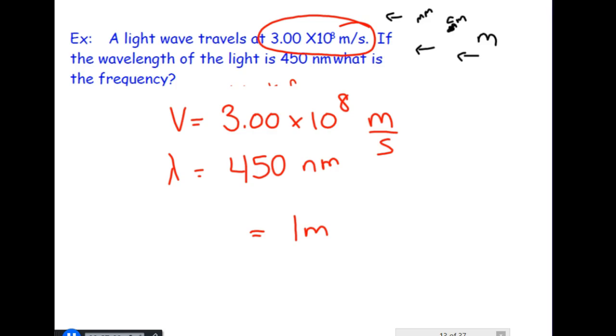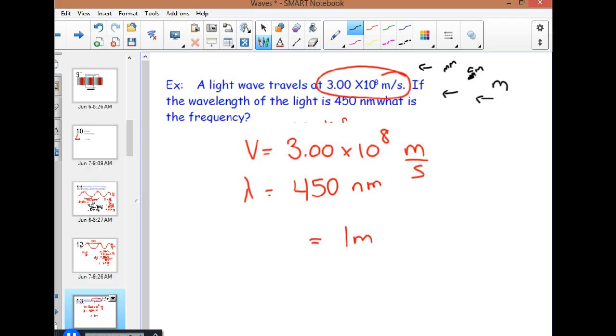What comes after that? Nanometer. I think we need to get a metric map that you can put down on your tables.